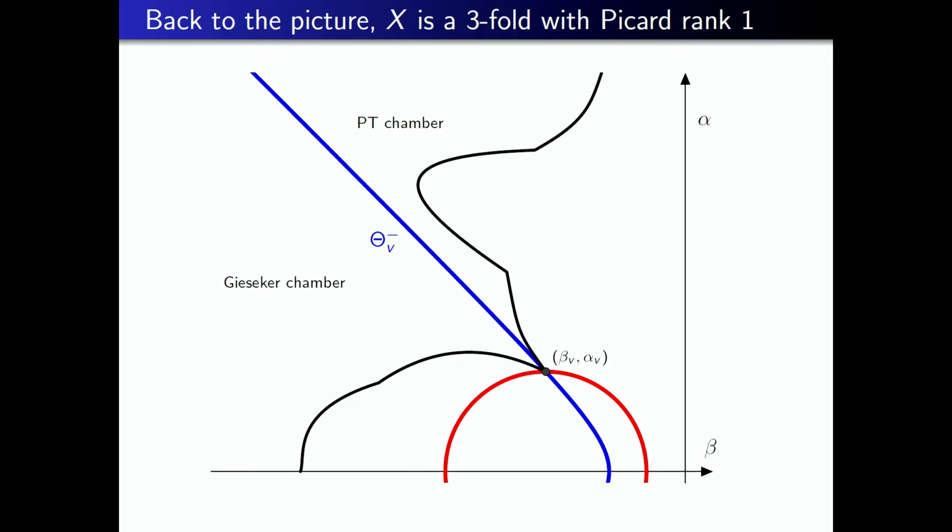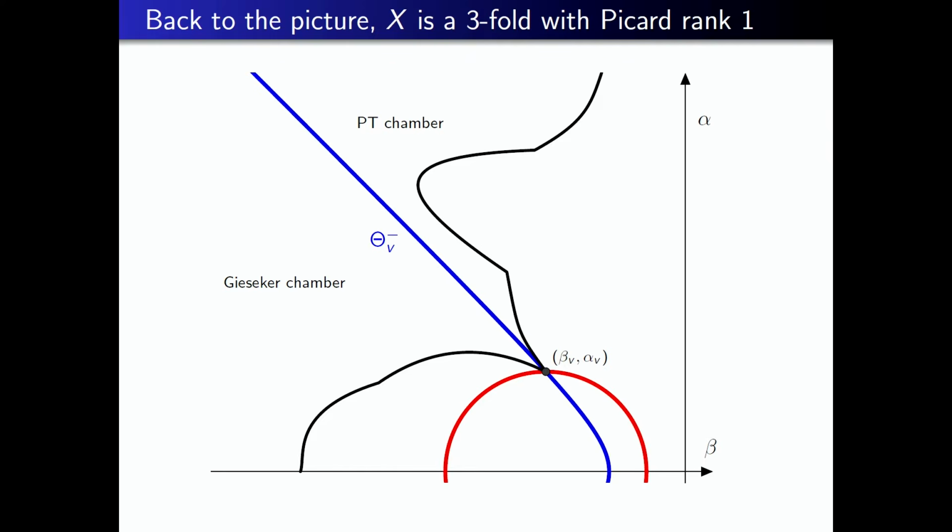I don't know what a PT stable object is yet, but I'll define it in a few slides. And these two chambers are separated by only one wall, which is this blue curve. Okay? So this is where the DT-PT correspondence will occur.